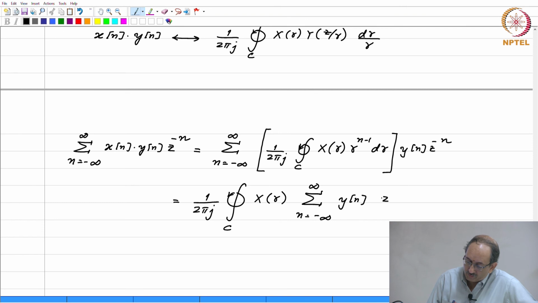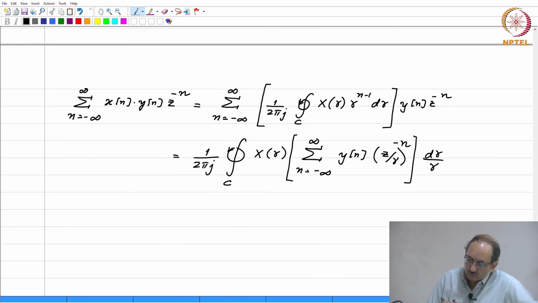Therefore, this can be written as z by gamma to the minus n, all right. We still have to account for 1 power of gamma. So, now this can be written as d gamma by gamma, because you need gamma to the n minus 1.